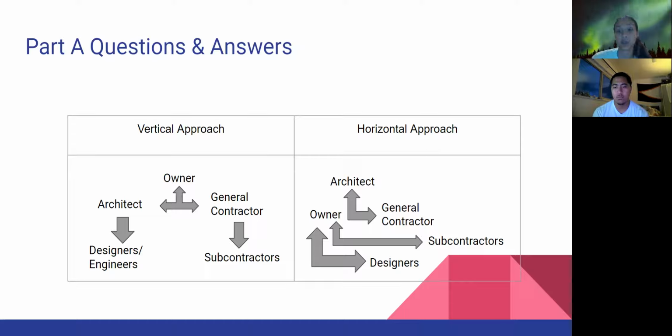In this horizontal approach, we see the owner hires an architect and a general contractor separate from the subcontractors and independent designers. And they're all supposed to still work together.